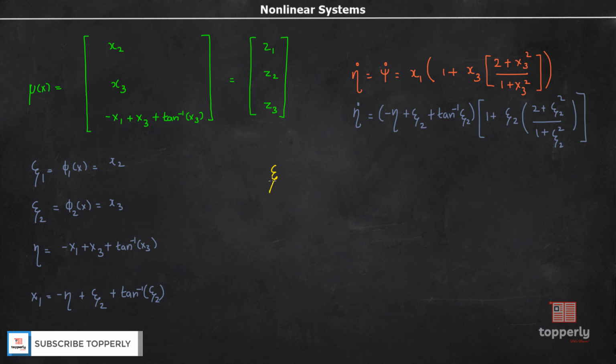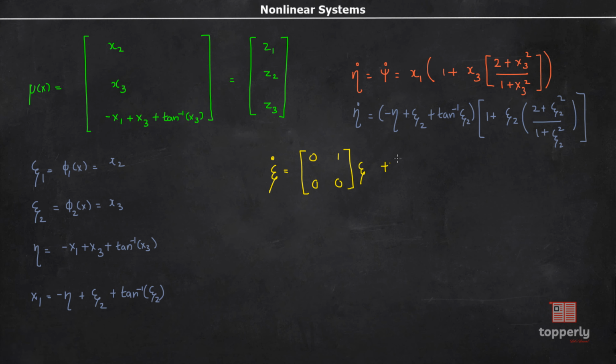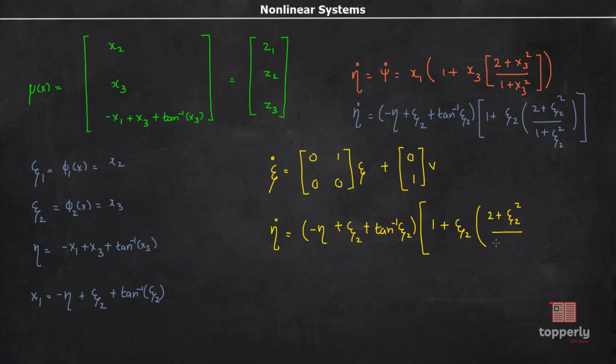Therefore, our full system is theta dot equal to 0, 1, 0, 0 into theta plus 0, 1 into v, eta dot equal to minus eta plus theta 2 plus tan inverse theta 2 into 1 plus theta 2 into 2 plus theta 2 square by 1 plus theta 2 square, and y is equal to 1, 0 into theta.